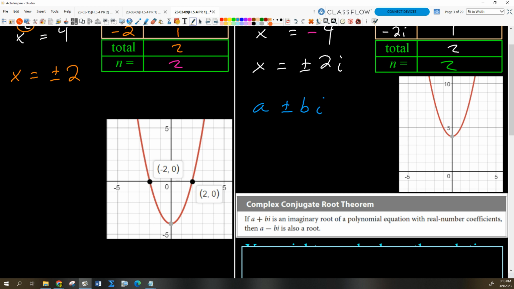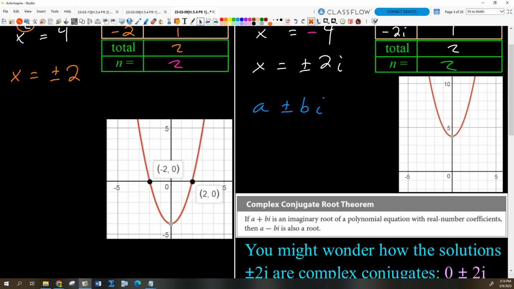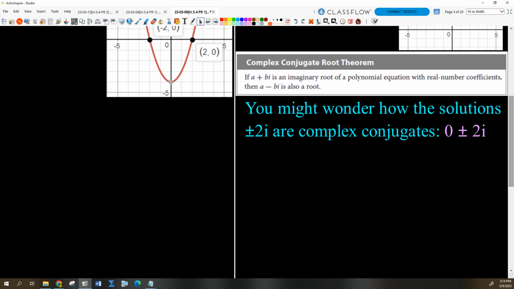Well, what's b? 2. What's a? 0. So it is a complex conjugate pair. We just have to write it with its real part, and then we recognize it: 0 plus or minus 2i. So it does work. I was telling you the truth.